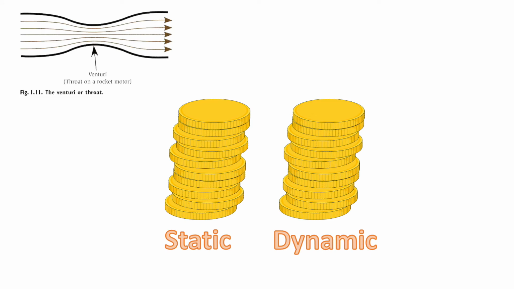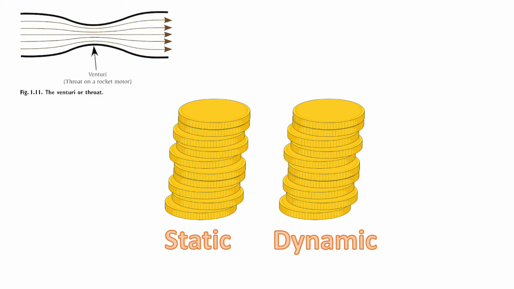So let's use some coins to build a little bit of an analogy here as to how the pressures change as we move through the Venturi. We're going to use the coins to represent pressure. In particular, we're going to have a stack for static pressure and a stack for dynamic pressure.